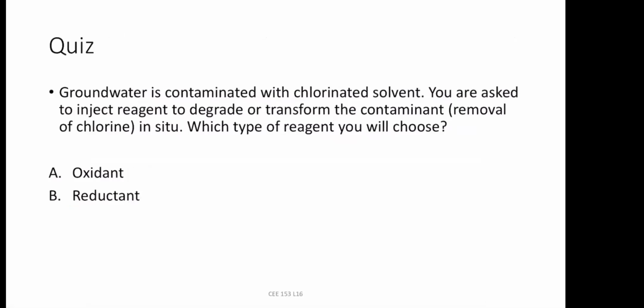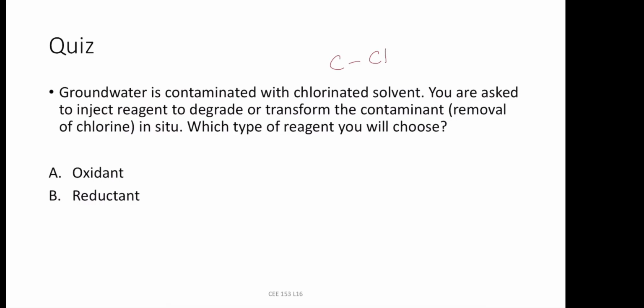All right, so what I just explained, let's think of, if I ask a quiz question, this is how I'll ask the question. Let's relaunch the question. Groundwater is contaminated with chlorinated solvent. So think of chlorinated solvent as a carbon-chlorine bond. You are asked to inject a reagent to degrade or transform the contaminants.